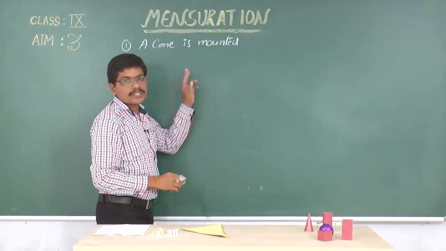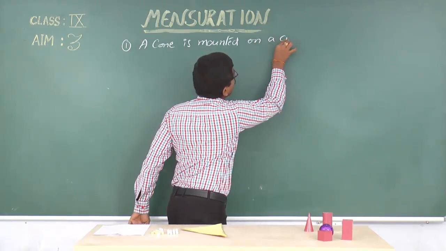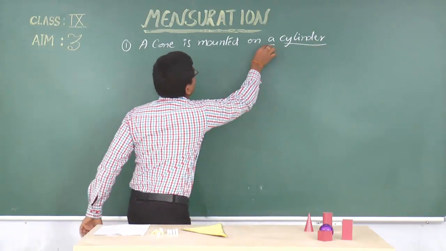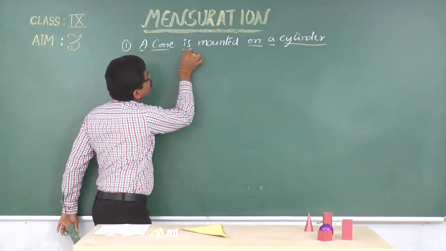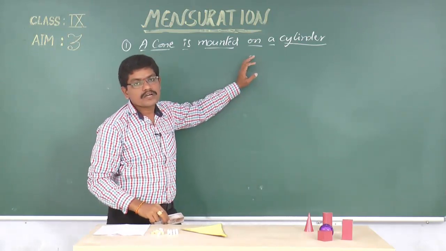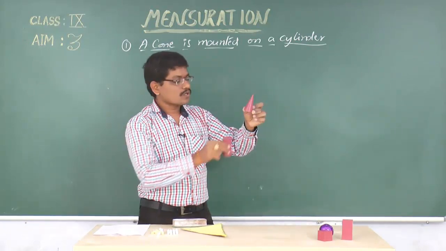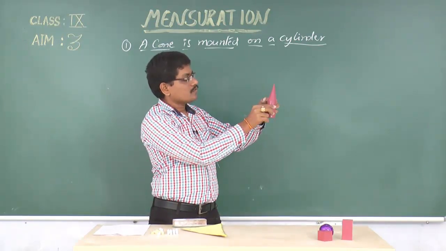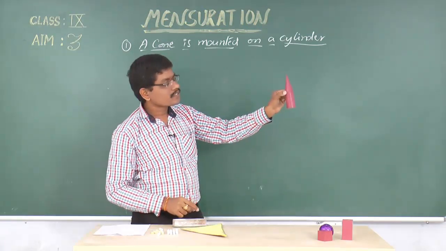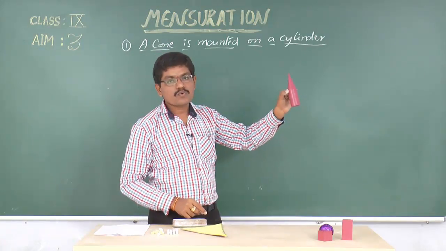A cone is mounted on a cylinder. So this is one cone. If it is mounted on this cylinder like this, then for this we have to find height and surface area and volume.